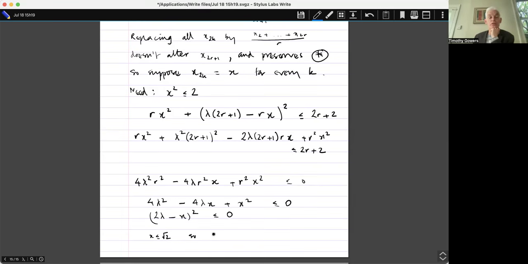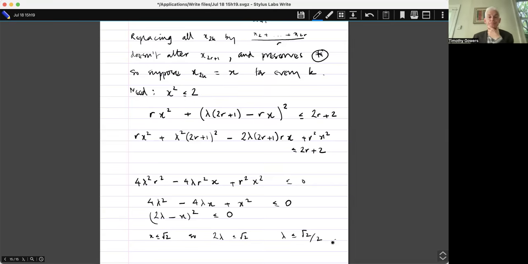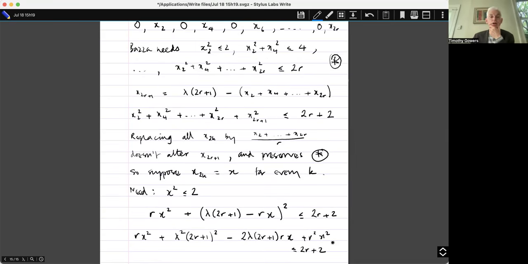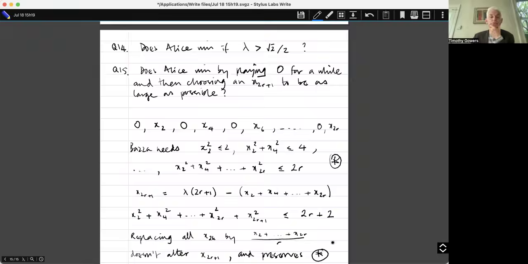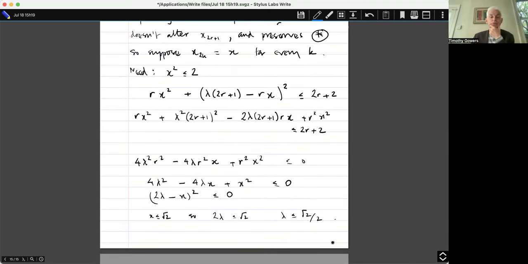So we want 2 lambda equals X. So 2 lambda is going to have to be less than or equal to √2. Lambda less than or equal to √2 over 2, which is rather nice. That's what we really wanted it to do.